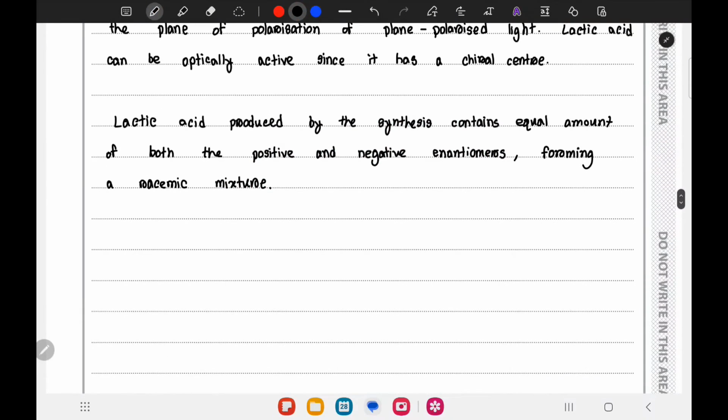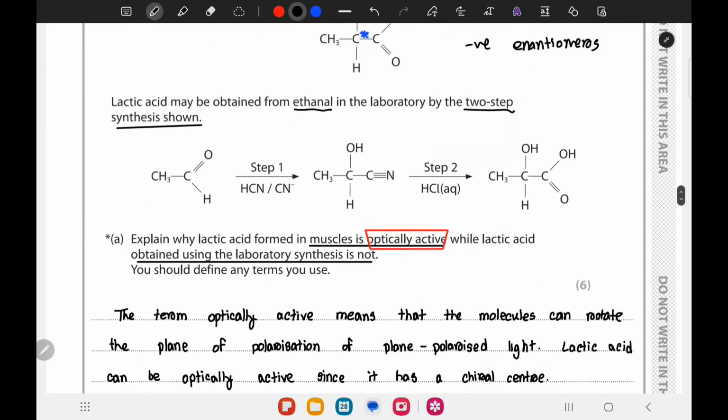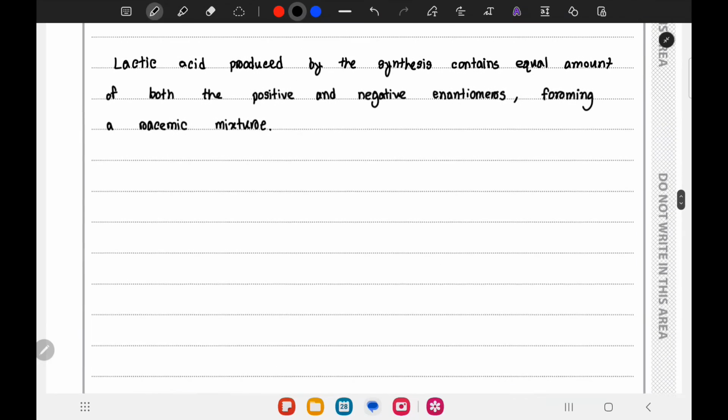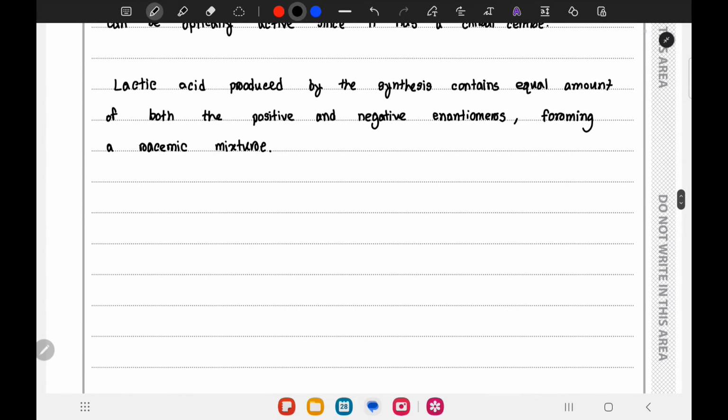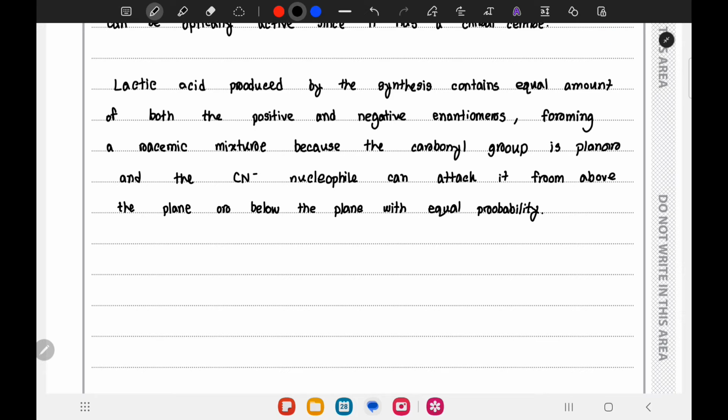So we talk about how the carbonyl group over here, this group is planar, and the CN minus can attack it from above and below the plane with equal probability. So we talk about how the racemic mixture formed because the carbonyl group is planar, and the CN minus nucleophile can attack it from above the plane or below the plane with equal probability.